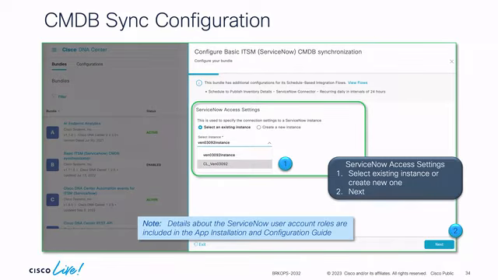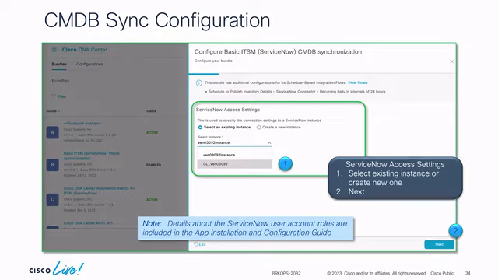So let's take a look at this workflow. I need to configure the bundle for the CMDB synchronization, and configuring this bundle, I have the option to select an existing instance. You remember in the destination settings, I configured a destination for ITSM. I could use that one that I already configured, or I can create a new one.